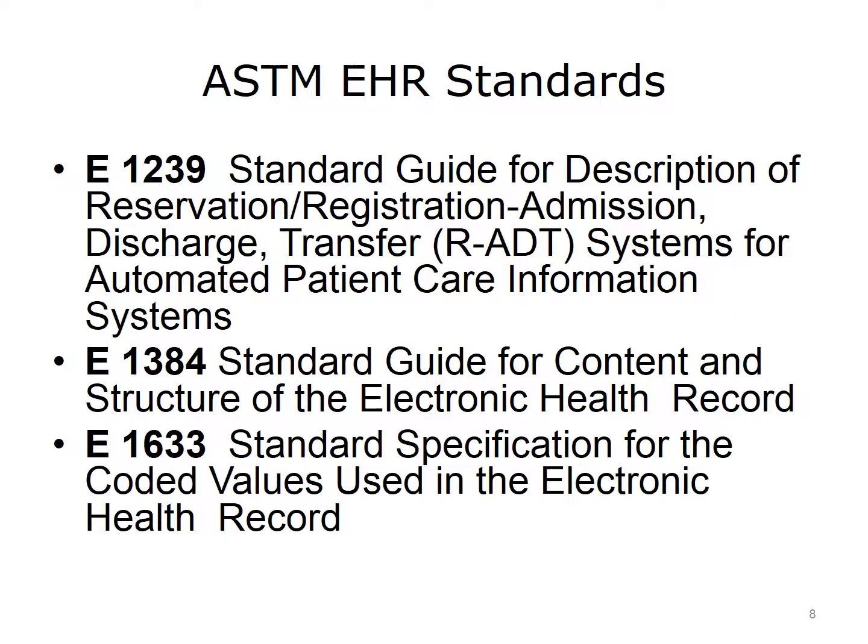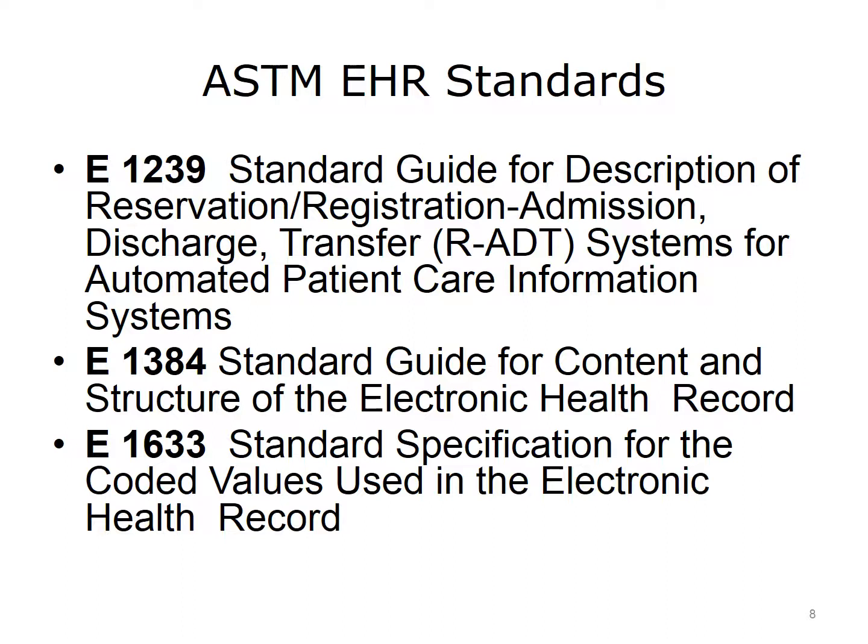The ASTM standards are more traditional in name and content. These are largely informational in content, but have been maintained and updated. E1239 is a standard guide for description of reservation, registration, admission, discharge, and transfer (RADT) systems for automated patient care information systems. It is focused on a hospital information system application.